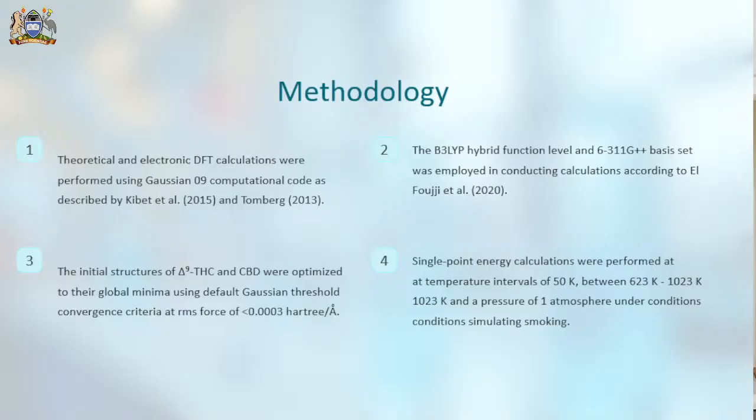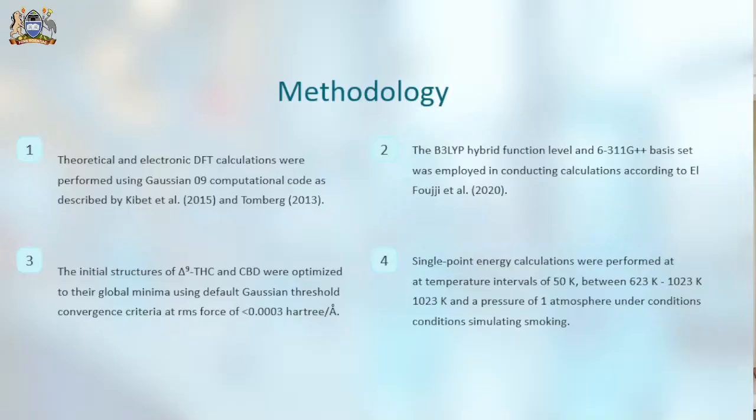So the methodology we employed: the theoretical and electronic DFT calculations were performed using the Gaussian 09 computational code, as described by those two authors. Under this, we had the B3LYP, the Becke 3-parameter Lee-Yang-Parr hybrid functional, with the 6-311G basis set.